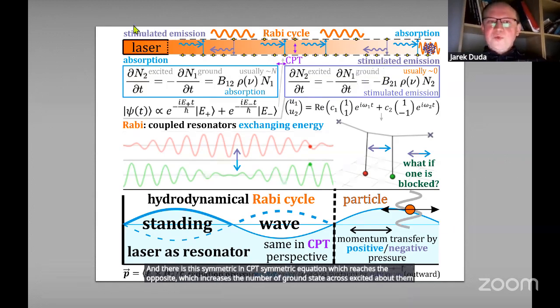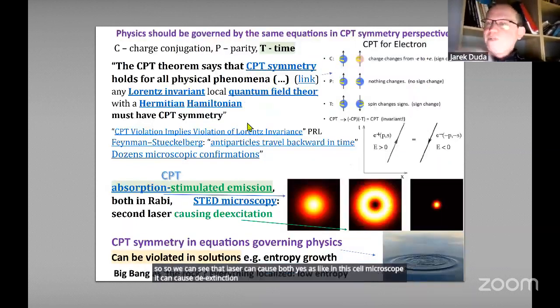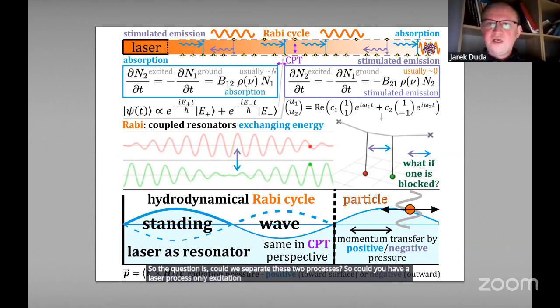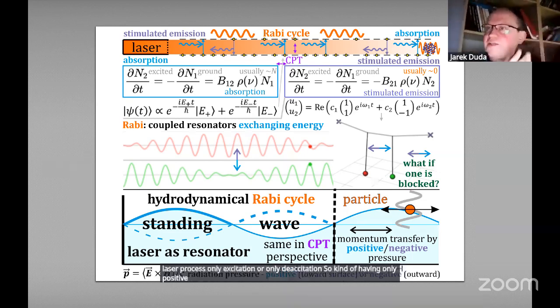So we can see that a laser can cause both, as in the STED microscope, it can cause the excitation. So the question is, could we separate these two processes? Could we have a laser which causes only excitation or only de-excitation, kind of having only positive radiation pressure or only negative radiation pressure?